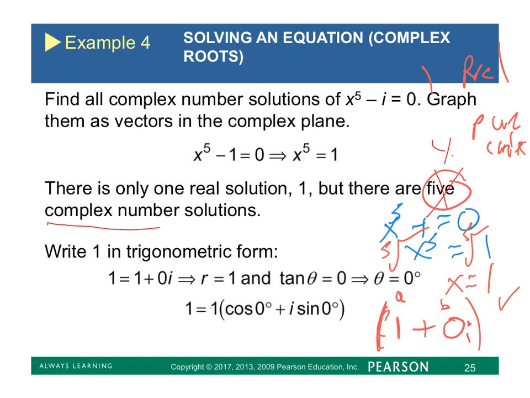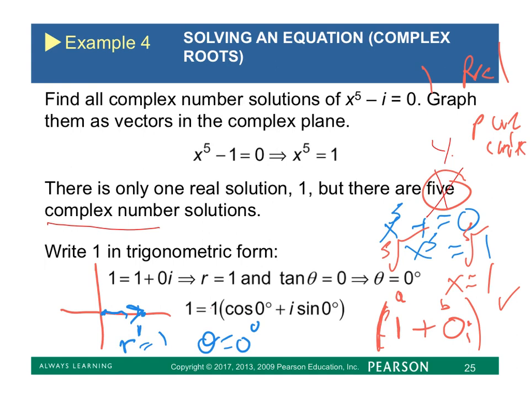Now, what does that vector look like? 1 plus 0i means 1 to the right, and do not go up or down, so the vector stops there. So that vector has a length of 1, so r is 1. And the degrees that I make when I'm at 0 degrees and I haven't moved, theta is 0 degrees.